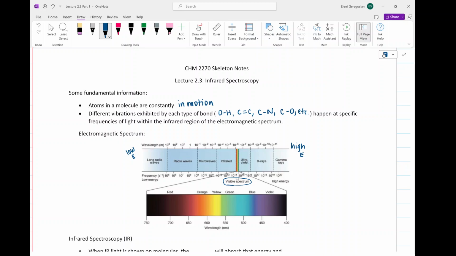So the infrared light, notice it is right here, right to the left, just slightly lower energy than visible light, than red visible light. So that's our infrared. So infrared light can be absorbed by molecules, and that's the principle upon which IR spectroscopy is generated.